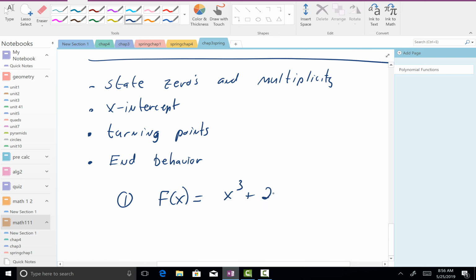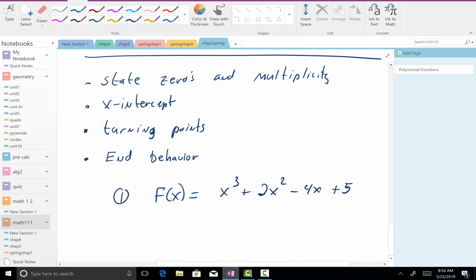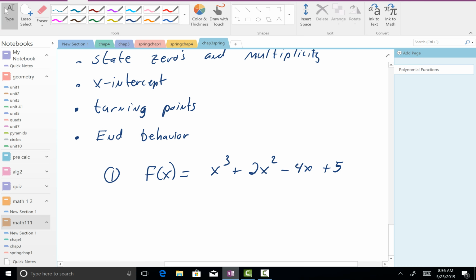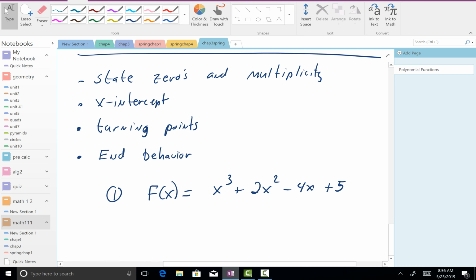They don't ask you, but I want to put degree down here too. So: zeros, multiplicity, x-intercepts, turning points, end behavior, and degree.